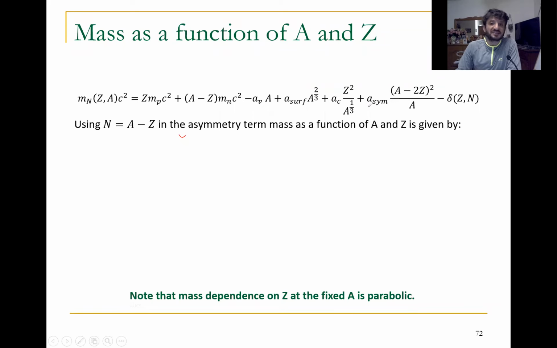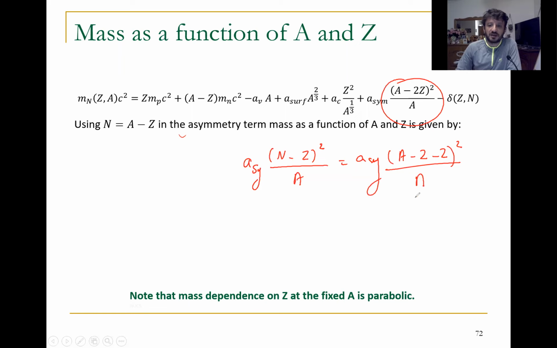Initially the asymmetric term was like this: a asymmetric times (N minus Z) squared divided by A. We substitute the value of N by A minus Z. We get A minus 2Z, all squared, divided by A.